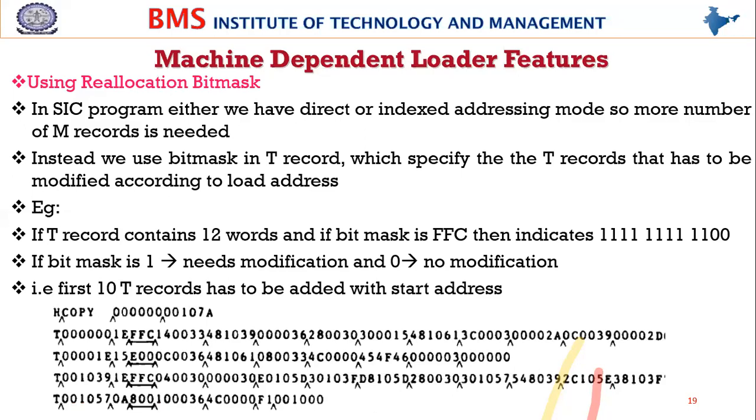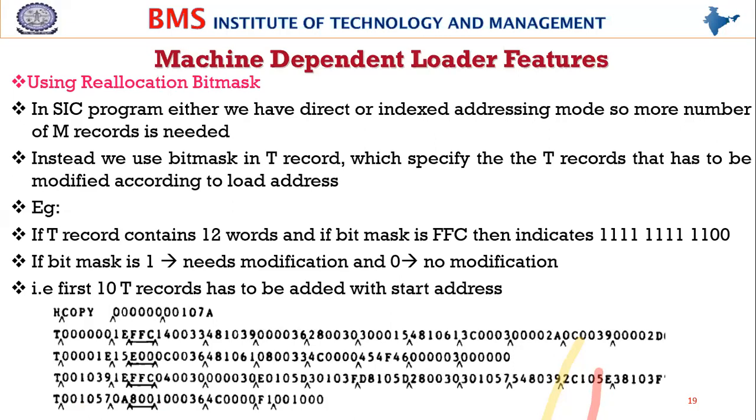You can see there FFC, indicating the first 10 bits need to be modified. Next one is E00, meaning E is 1110, meaning the first 3 records need to be modified. The rest of them need no modification.